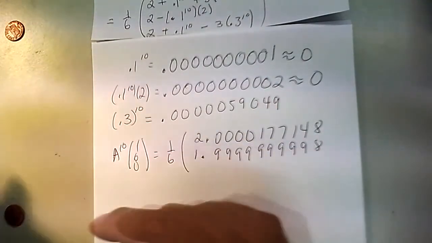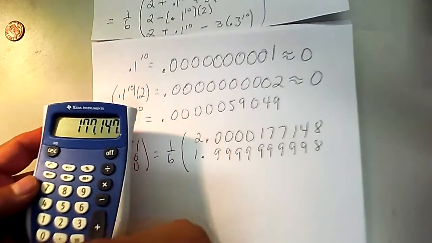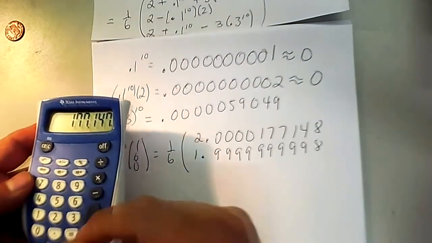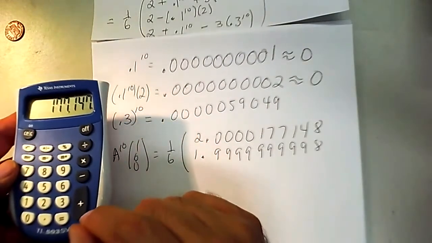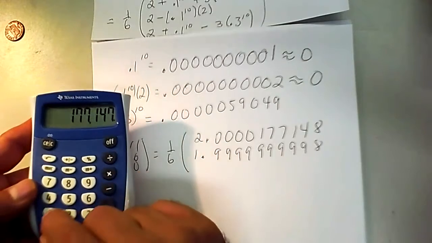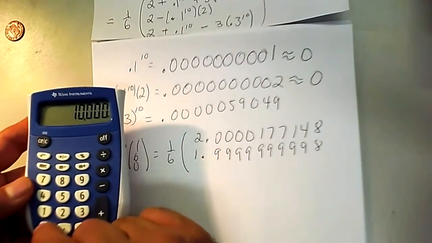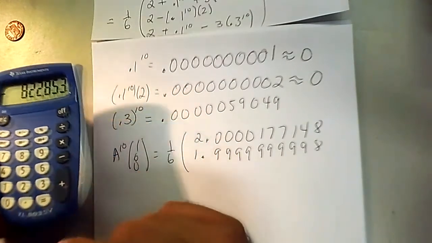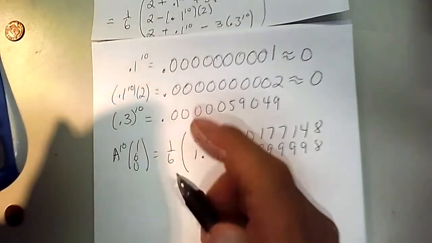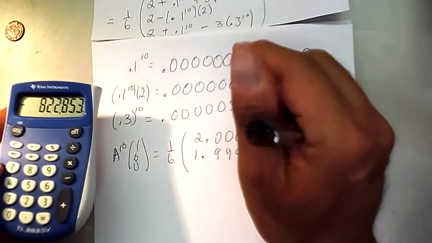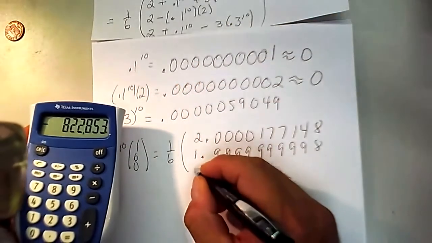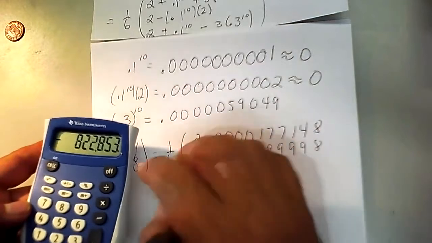So let's see if I can do the math with this little calculator. So minus 1, 1, 2, 3, 1, 2, 3. Yeah, I think I can, if I'm not mistaken. So we're gonna have 1 point, that's 6.